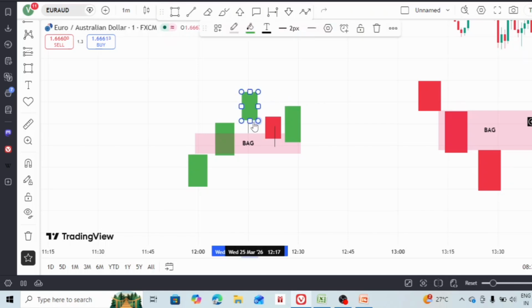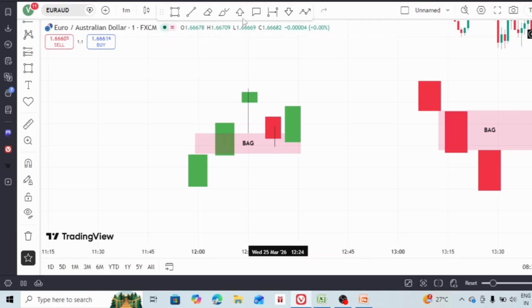But if there is too much space, because the wick is too long, the candle may retrace. So you have to wait for the mitigation or retracement. You cannot take a trade directly if there is this type of long lower wick.